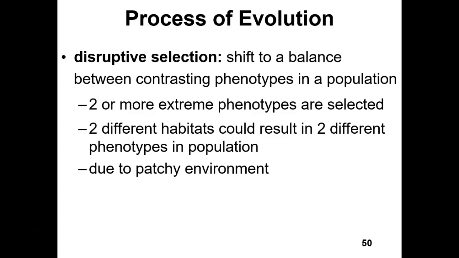So think of right by a lake. You have an open area where animals might come in, and then right behind that lake you might have a woody area. And so an intermediate phenotype might not fit in very well because they would get picked off by the individuals from the other environment.